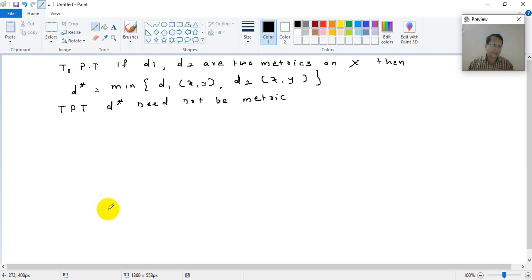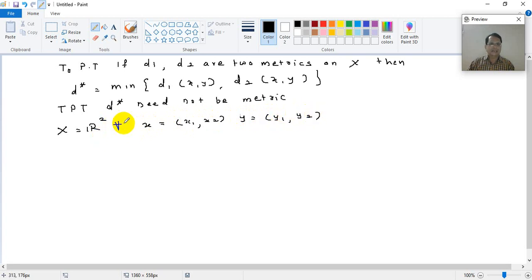You take two metrics first. Suppose here I take X equal to R2. You know R2 means the Cartesian coordinate system, R cross R. So any element of R2 is an ordered pair of the type x comma y, where x belongs to R, y belongs to R. Here we take x as x1 x2, which is conventionally done, and y as y1 y2.